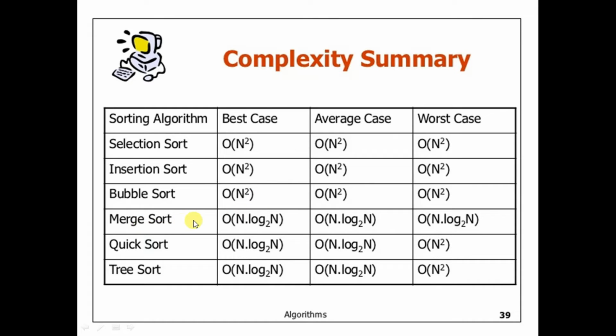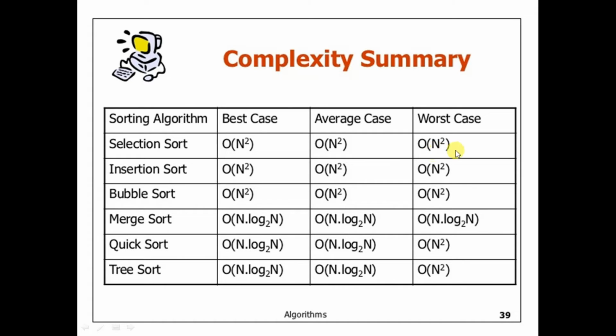But in the case of merge sort, you can see. Through this chart you can compare the algorithm efficiency, and depending on this you can decide which one to choose. Okay, which one is the best, you can decide by comparing these complexities. Okay. So the higher this number, the lower is the performance.